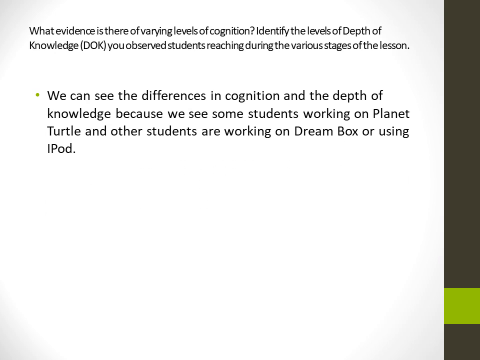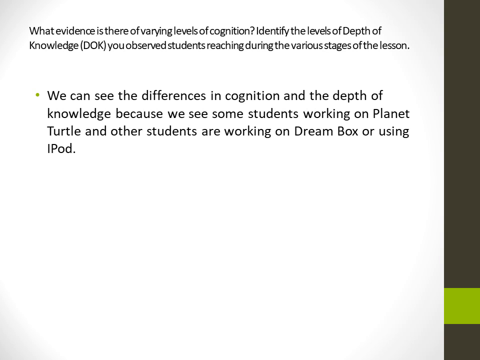Okay, and the next one: what evidence is there of varying levels of cognition? Identify the levels of depth of knowledge, DOK, you observed in students reaching their various stages of the lesson. So we can see the differences in cognition and the depth of knowledge because some of the students were working on Planet Turtle, which was the first game that they should master, and the other students were working on Dreambox or using the iPod.